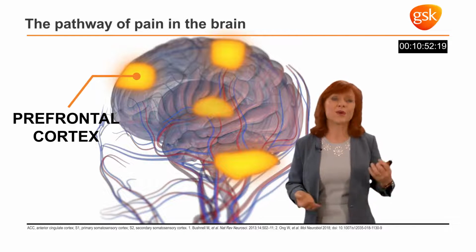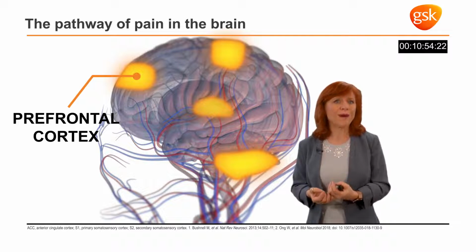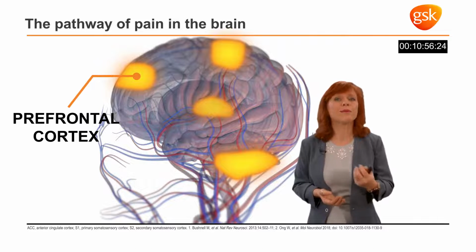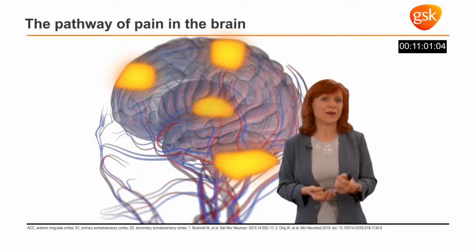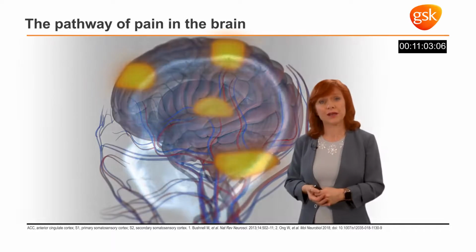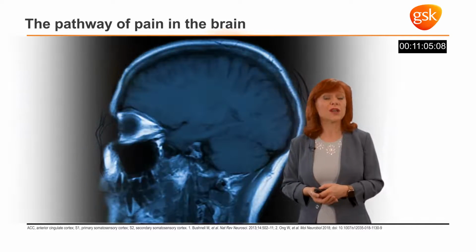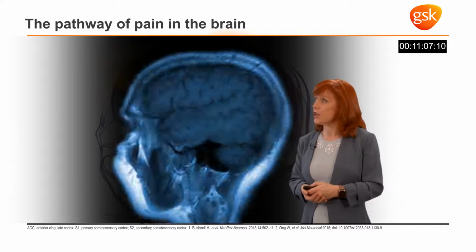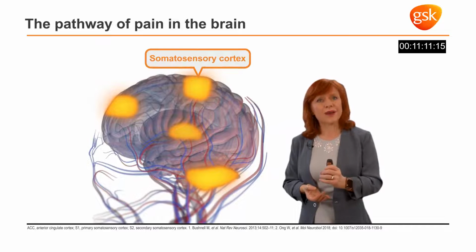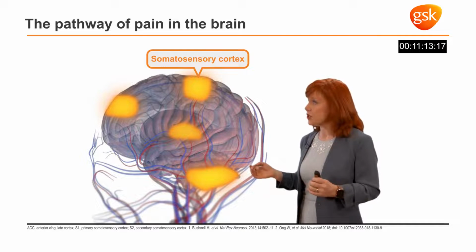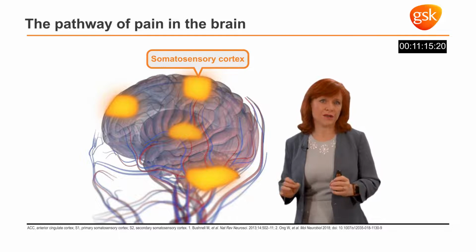So much for recognizing we're in pain and where it comes from, but what about how we perceive it? How unpleasant is it? Is it burning? Is it stinging? Is it aching? What is the nature of pain? And again, brain imaging has furthered our knowledge considerably. The somatosensory cortices encode information about sensory features, the location, the duration of the pain.